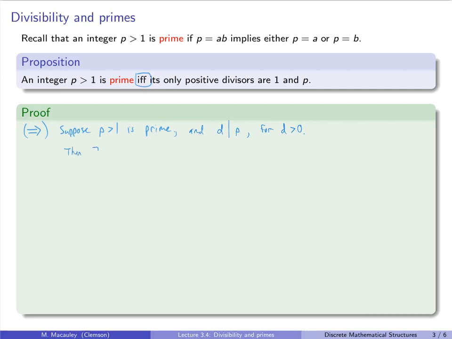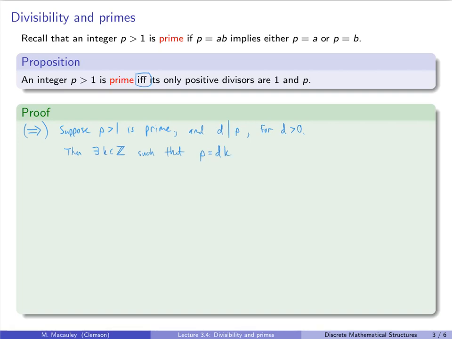Then there exists some integer k such that p equals d times k.